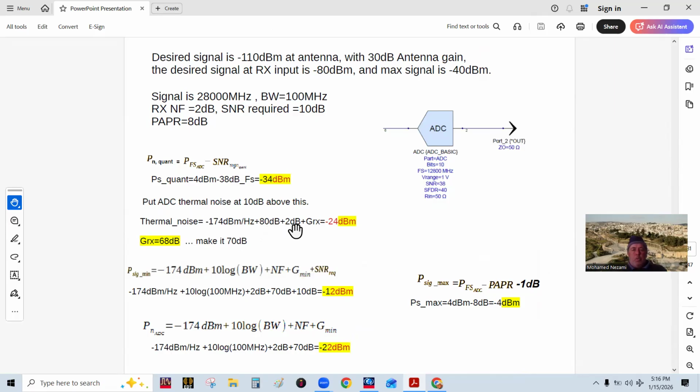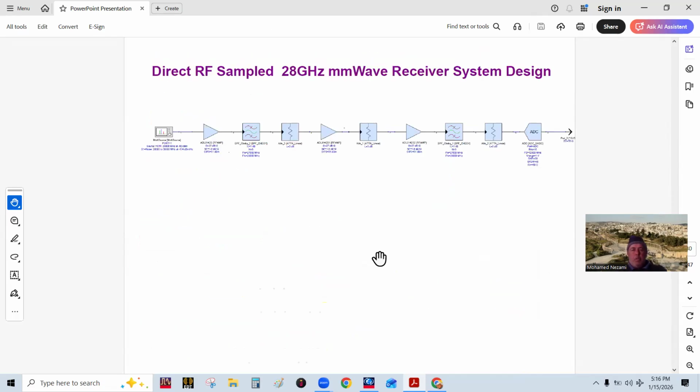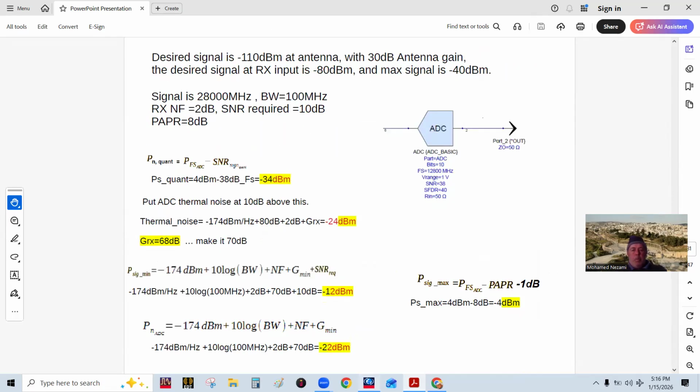Add the noise figure, which is 2 dB. Add the gain. That has to be at least 10 dB stronger than this, which is minus 24 dBm, which means that your gain has to be 68 dB. So let's make it 70 dB. So what we did is we went in.